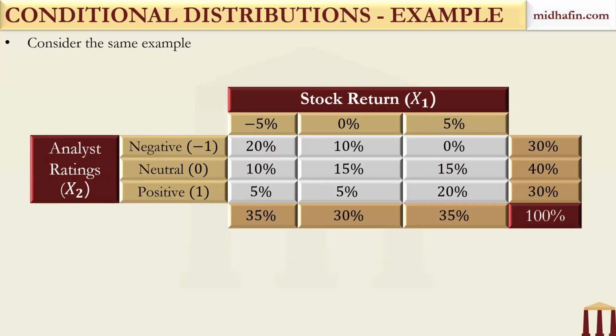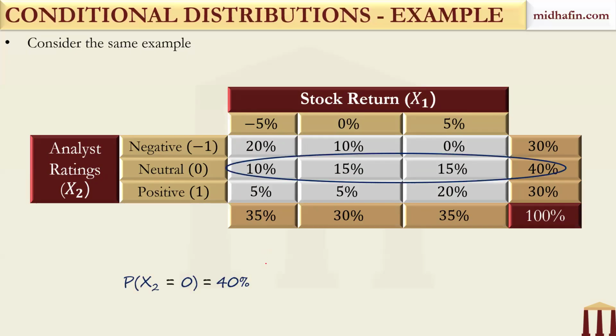We can try and find out some conditional probabilities. Let's take another case. In the video, the analyst rating of negative case has been taken. Over here, we can take the case of analyst rating being neutral. We can find out all the conditional probabilities based on the second case, so that we can have new numbers.